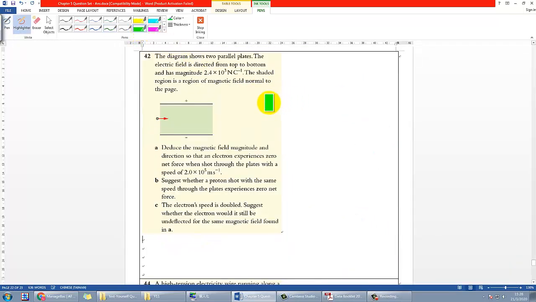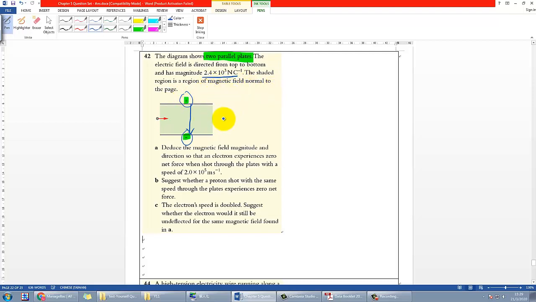Okay, next question. So it says there are two parallel plates, as you can see, positive and negative here, and the electric field is directed from top to bottom. I think it will be best if you can try to draw. Actually, they don't have to say, because you know electric field must go from positive to negative, and has a magnitude of this. The shaded region is a region of magnetic field normal to the page.